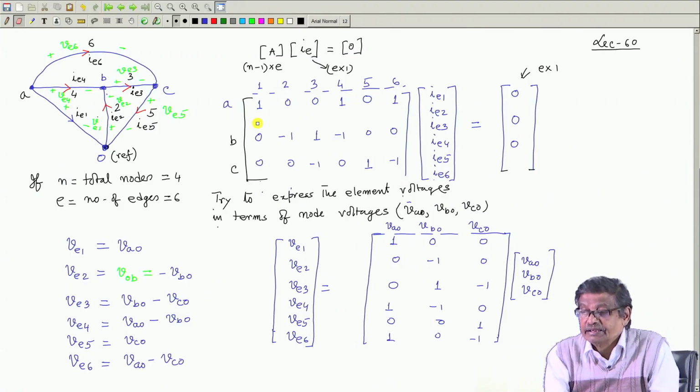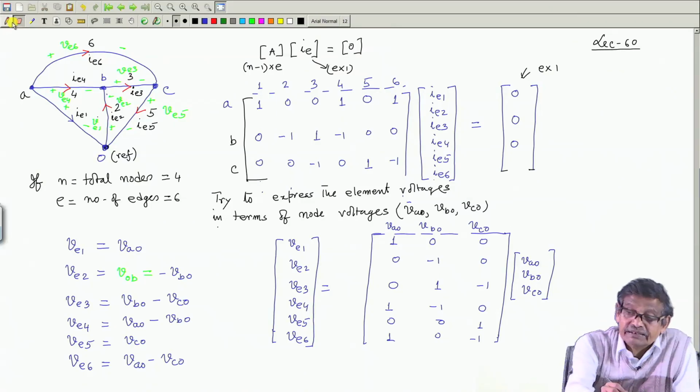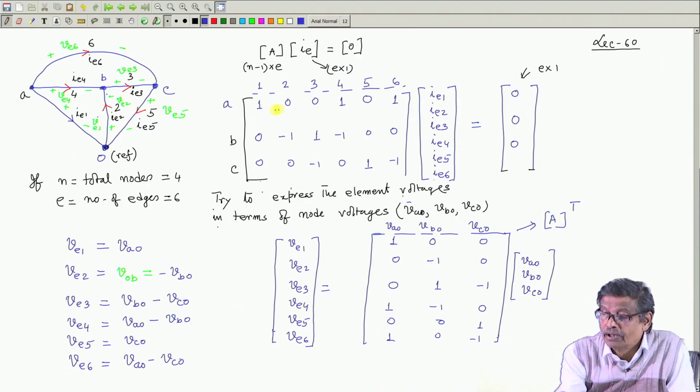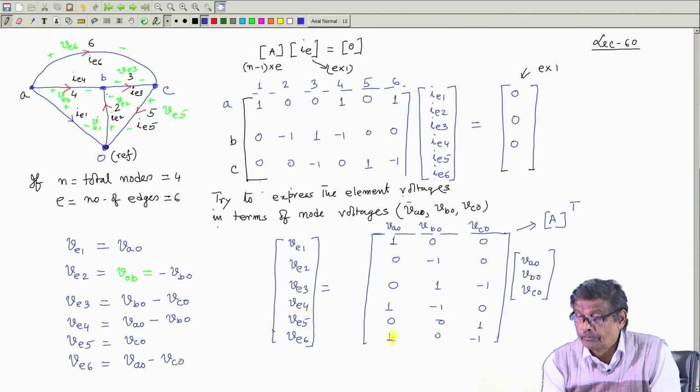If you see, this matrix is nothing but A transpose. See, the first row of A matrix, 1 0 0 1 0 1, has become the first column of this matrix.